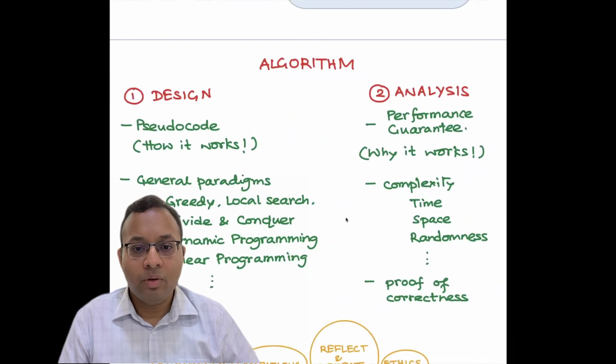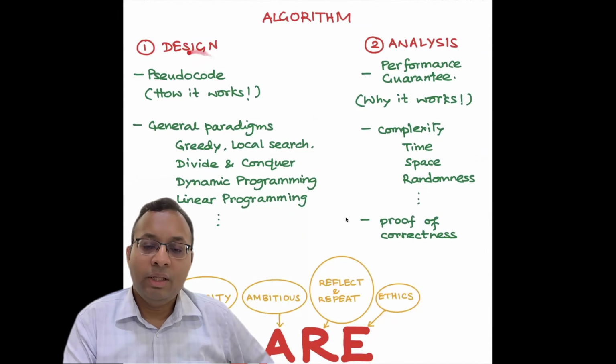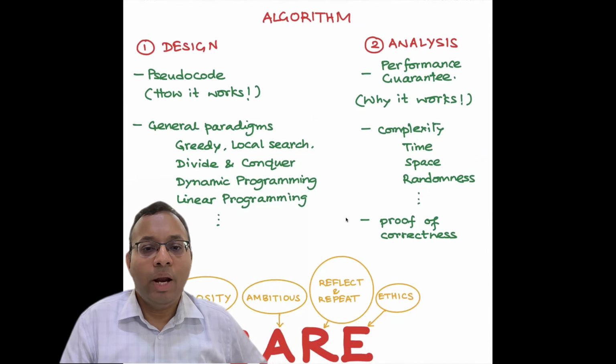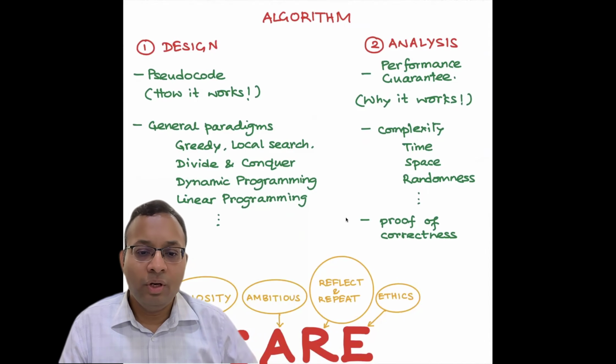Now, the name of this course is Design and Analysis of Algorithms. So what is design? In the design, we write a pseudocode, how it works. And in the course, we'll not go for a programming language level implementation. We'll write a pseudocode which a human can understand. It's easier for the intuition.